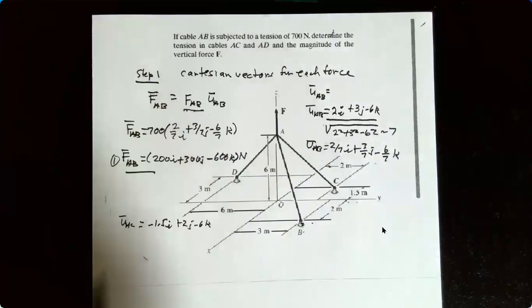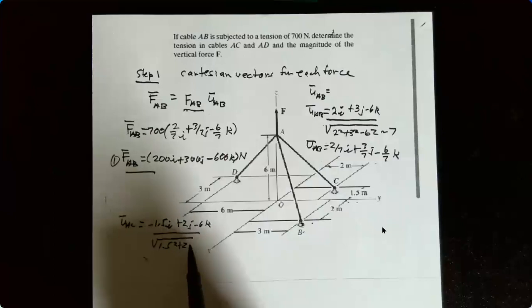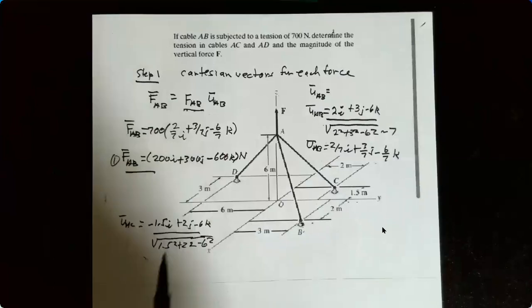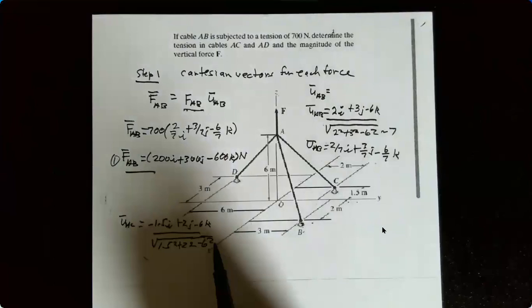And again, we're going to divide by square root of 1.5 squared plus 2 squared minus 6 squared. And that denominator comes out to be 6.5. So that's 6.5 as a denominator.